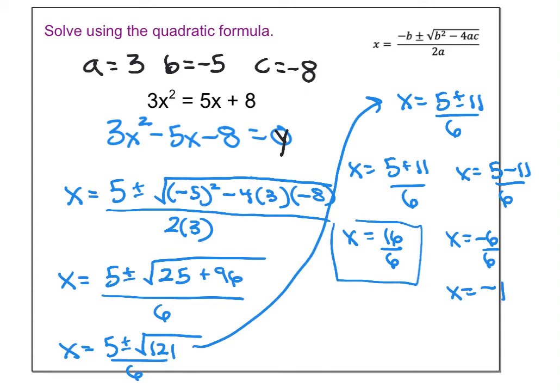If you were going to sketch this out, you'd have an intercept at (negative 1, 0), and then 16 over 6 is right around 2 and 2/3. So you'd have an x-intercept there and one right about there. Since the a value is positive, you know your parabola will be facing up, and that minimum value will be down here wherever the vertex is.